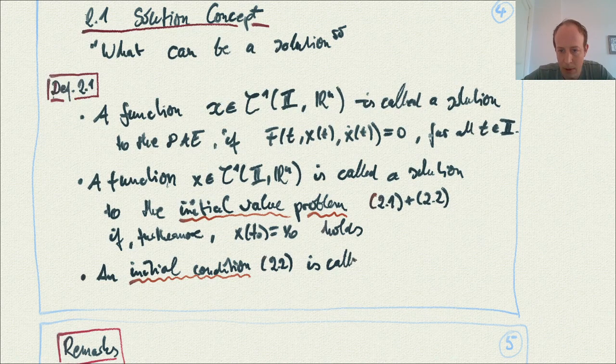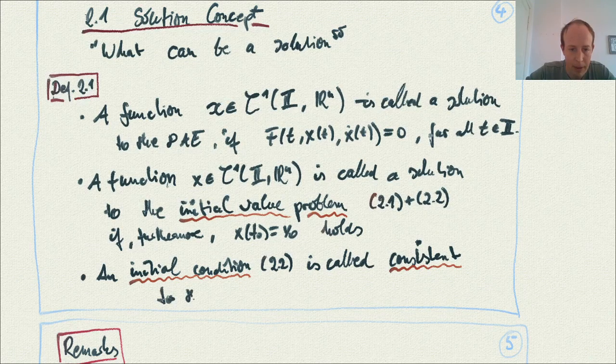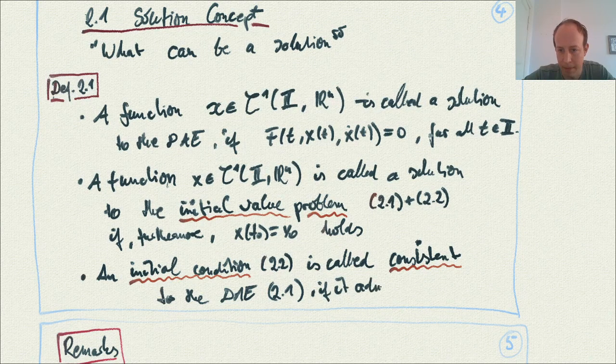It is called consistent, a very important term, consistent for the DAE 2.1, if it admits a solution.